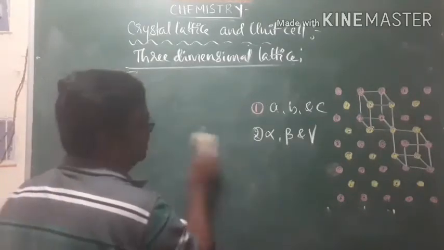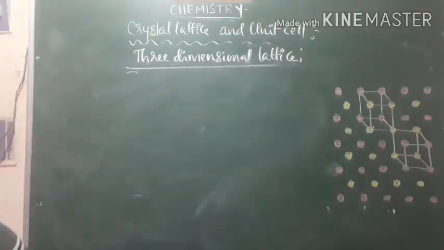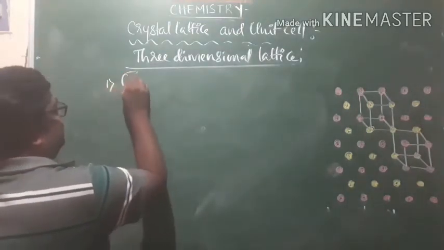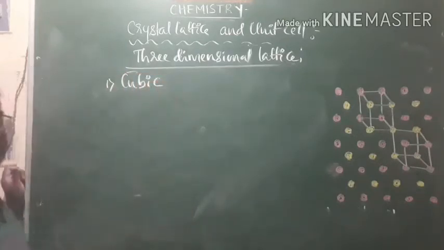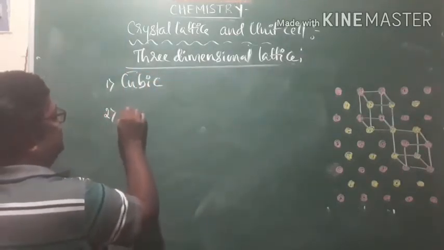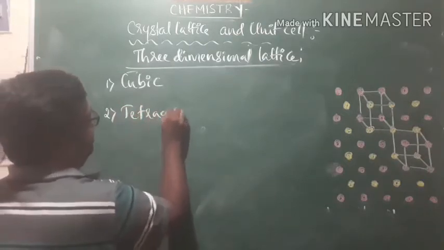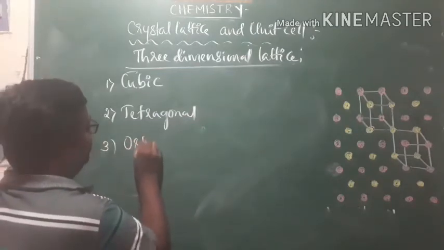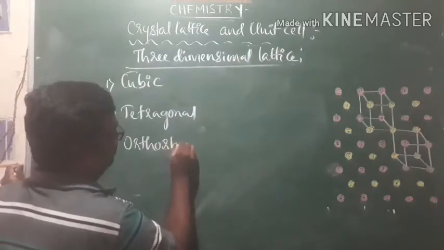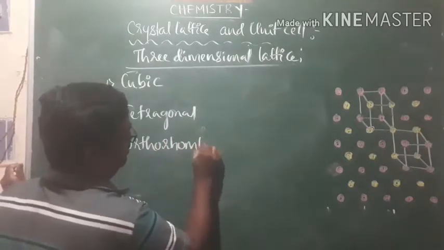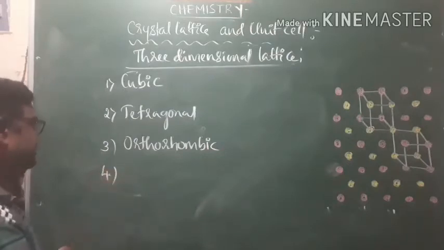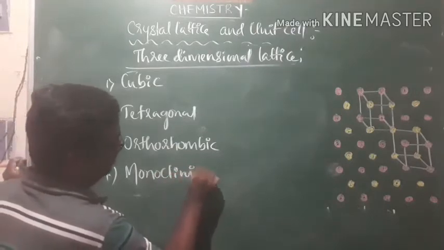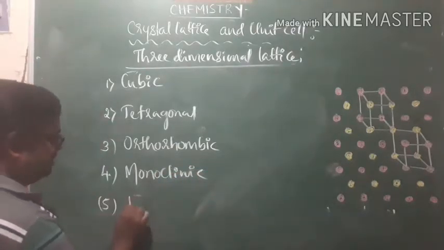They are considered to be crystal systems, right? And as far as crystal systems are concerned, one of the crystal systems is cubic. Another is tetragonal. The third one is orthorhombic. The fourth one is monoclinic. The fifth one is triclinic.